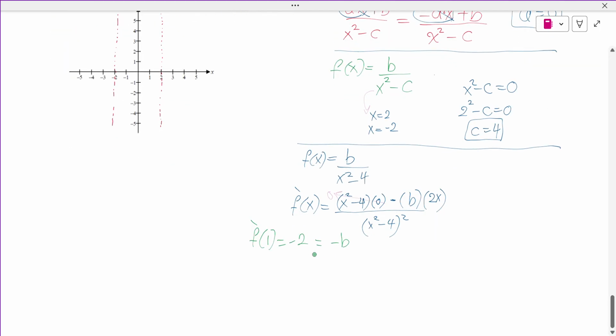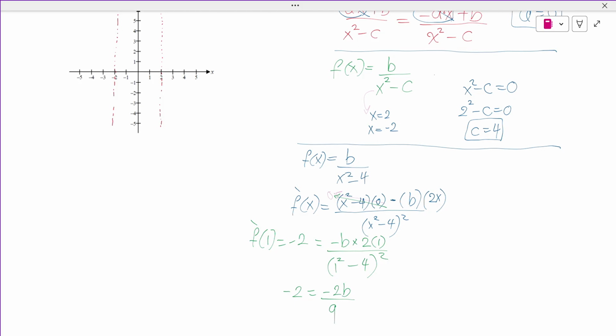We agreed that this is 0. That means minus b times 2x, which means 2 times 1, all over 1 squared minus 4, all squared. So we have minus 2 equals what? Minus 2b over 1 squared is 1 minus 4 is minus 3, squared is 9.